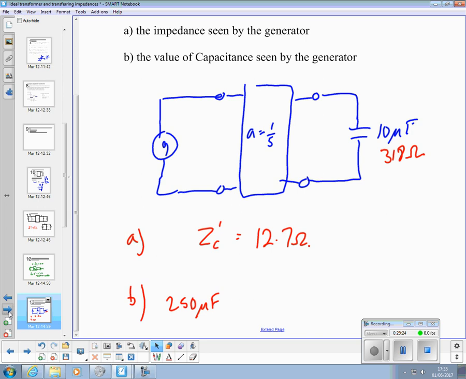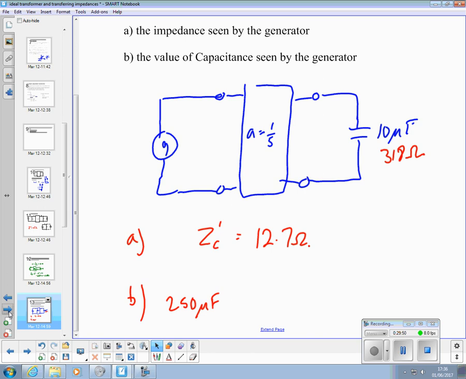Step up. So that 10 microfarad capacitor has got to have 5 times the working voltage it would if you had a 250 microfarad capacitor directly connected to the generator. So there's always a trade-off. It will help you if you haven't got a 250 microfarad capacitor and you're desperate for one.